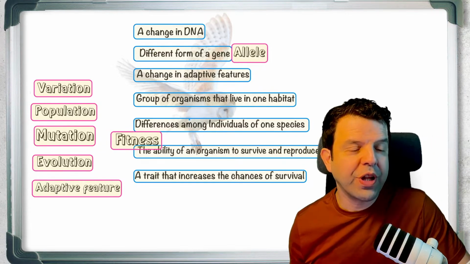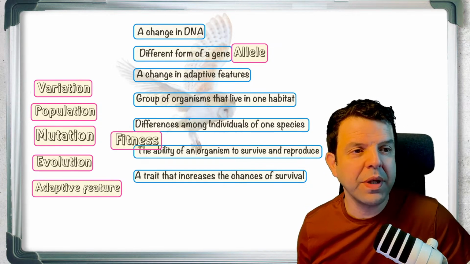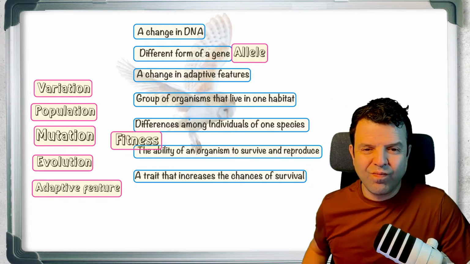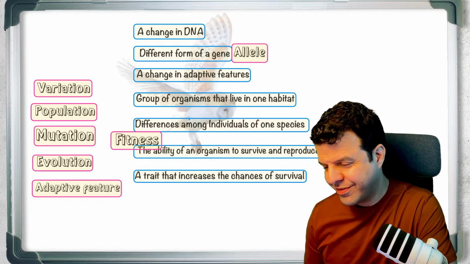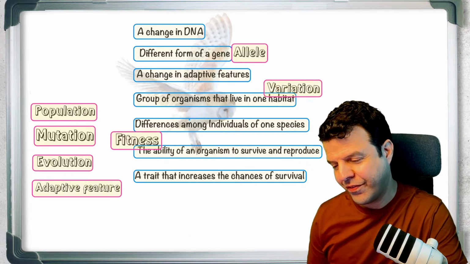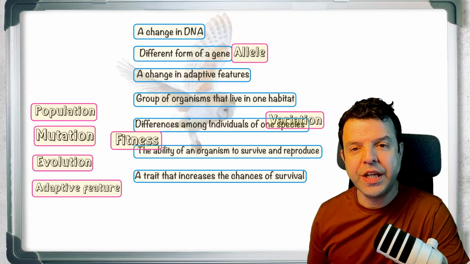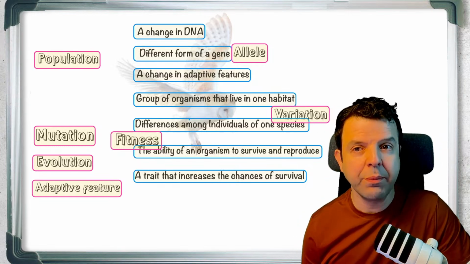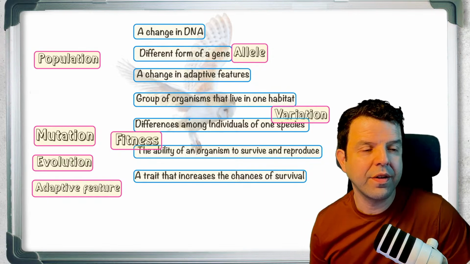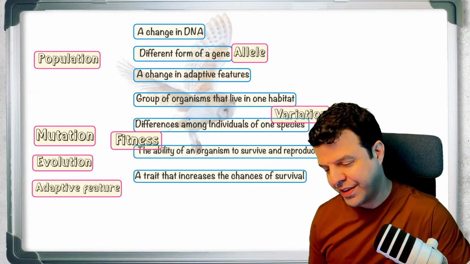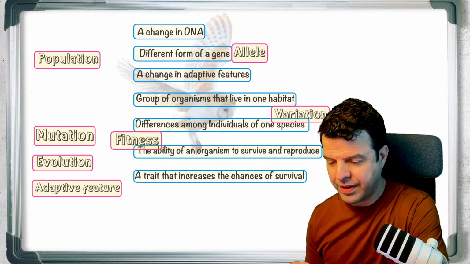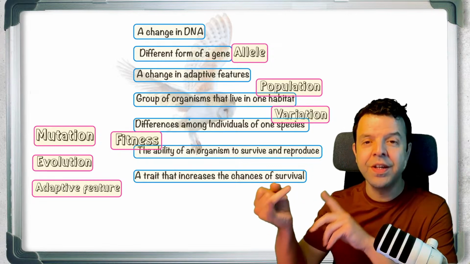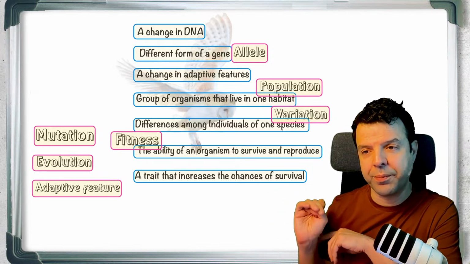Variation, that's the first thing we took today. What does it mean when I say there is variation? Differences among individuals of one species. It's variation. Population, we said, is worth 3 marks. So what is the definition of population? Group of organisms that live in one habitat. You're right. Again, the proper way of saying it: one habitat, same species, at the same time.